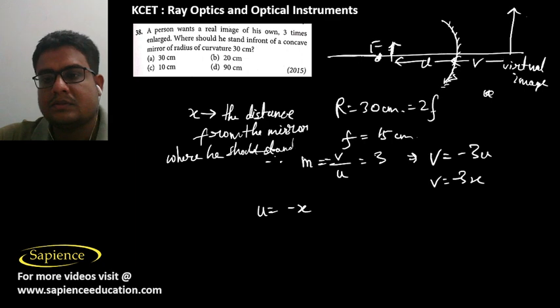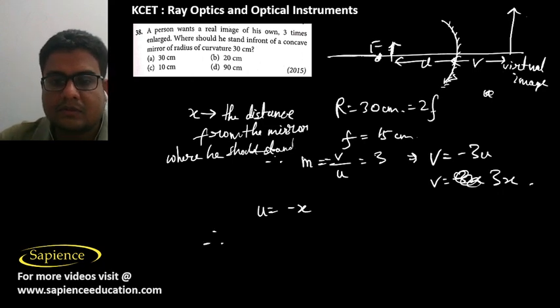So v should come positive. So v is 3x. And for concave, here the focal length is negative.